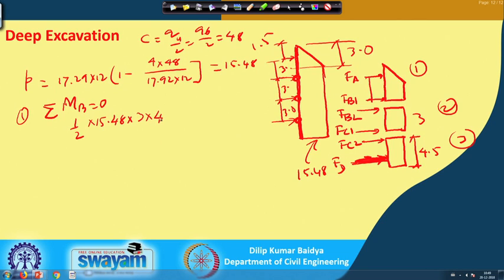This becomes the total force on this beam, and then I have to take moment with respect to this. I have taken this triangular loading first; we can divide it in two parts. This triangle is 3 meter. So, that is what we have taken, half multiplied by 3 multiplied by 15.48 multiplied by 4.